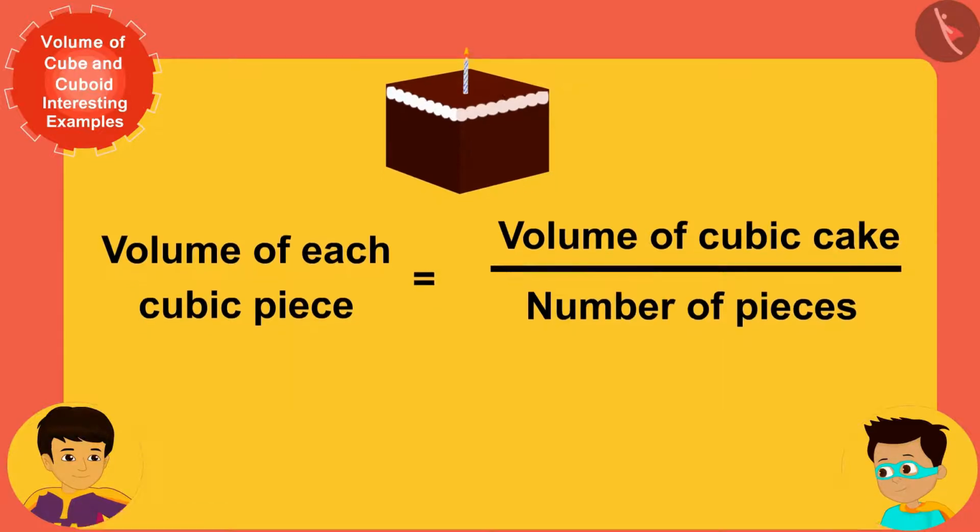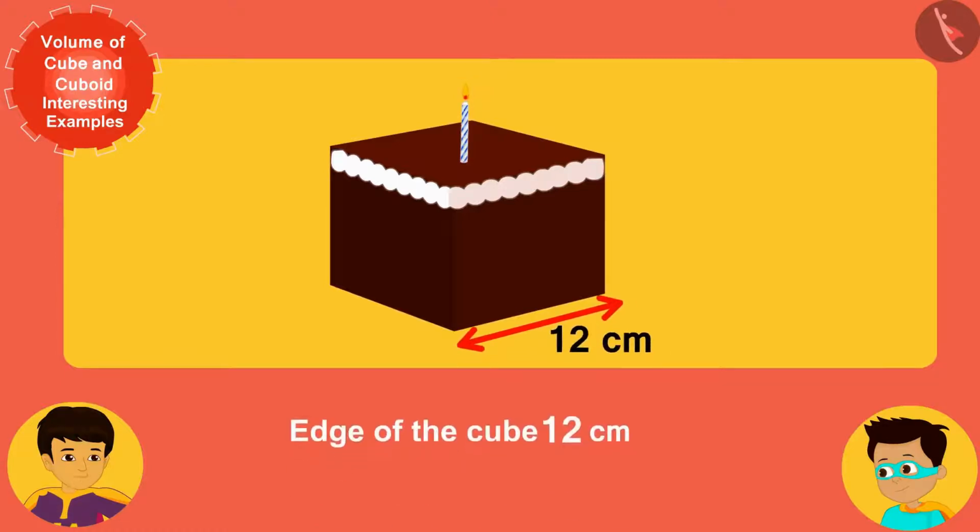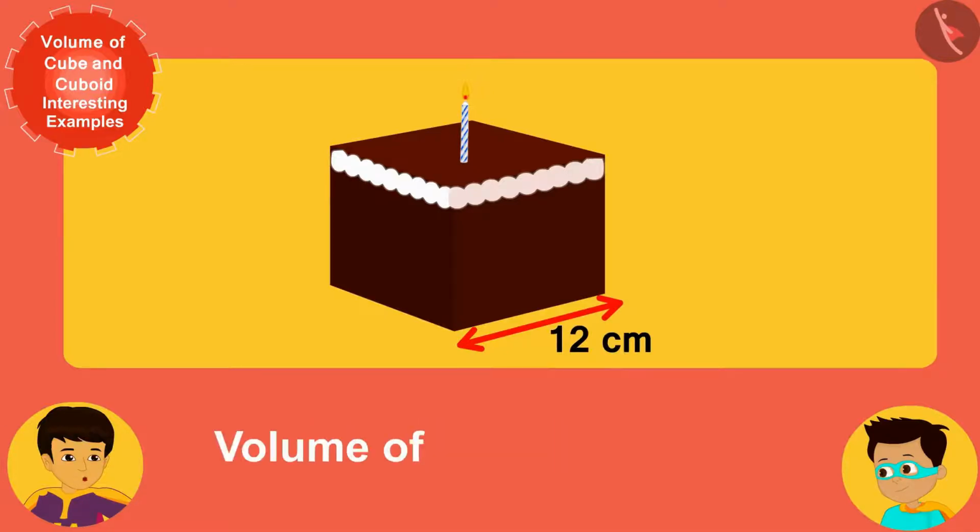Okay, I will find it quickly. The cake is cubic and its edges measure 12 centimeters. And as we know that the volume of any cube is equal to L cubed, where L is the measure of the edges of the cube.